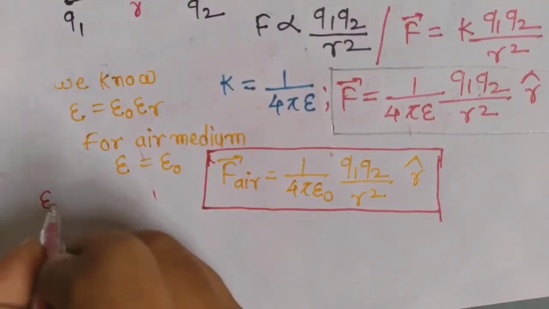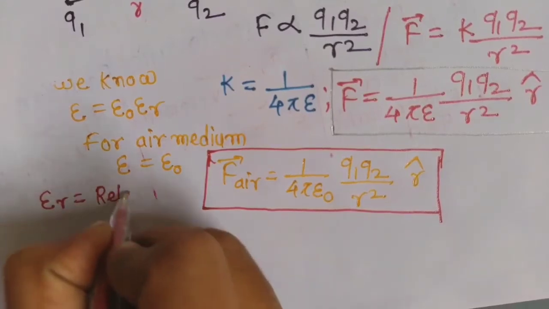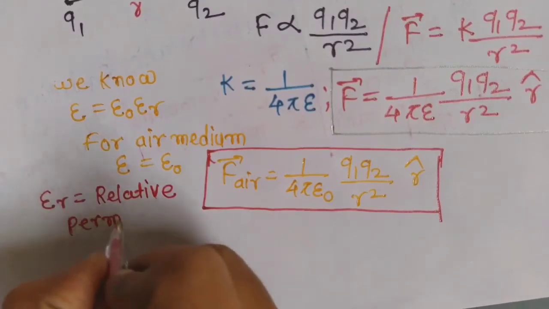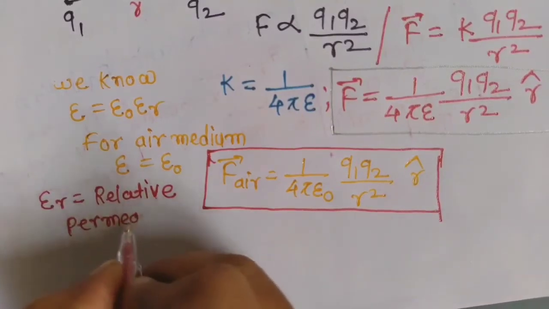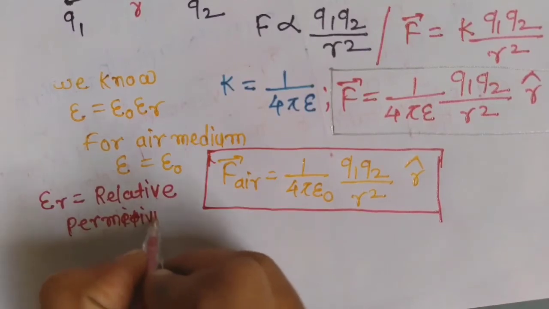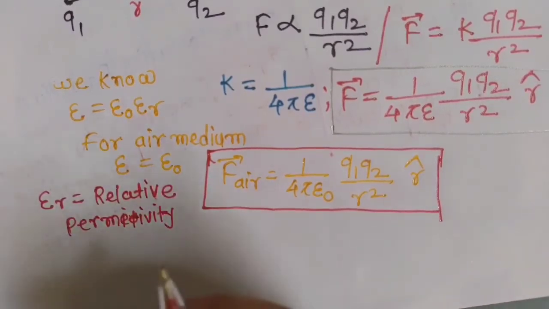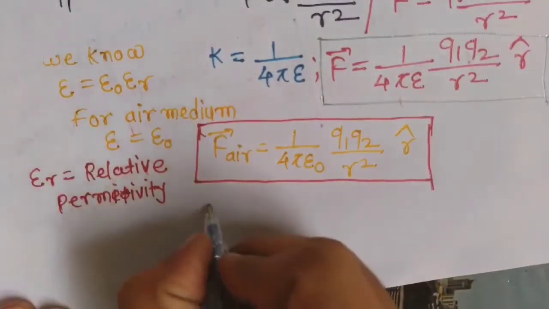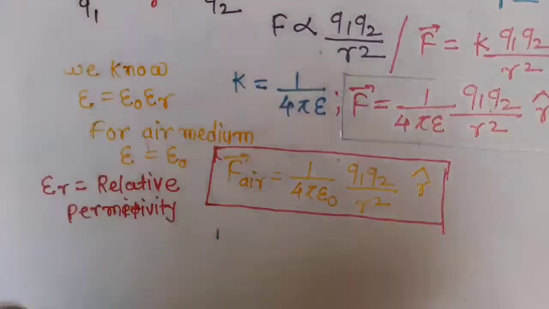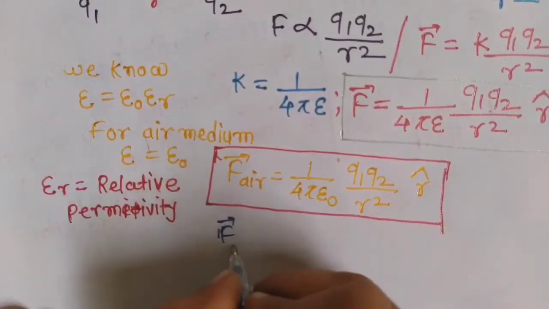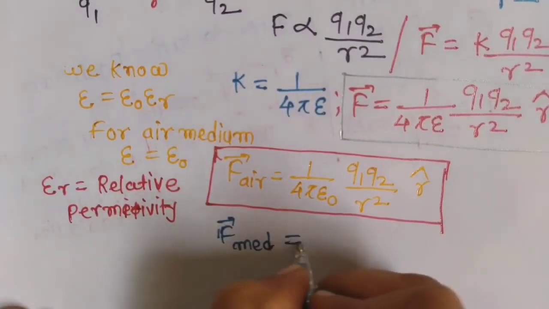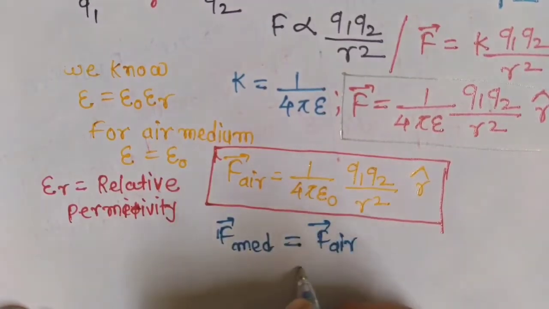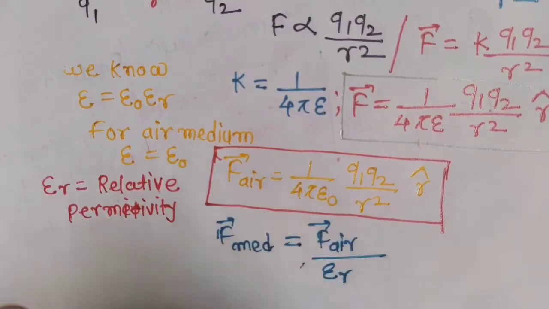Epsilon r is the relative permittivity. F bar for medium is equal to F bar for air upon epsilon r.